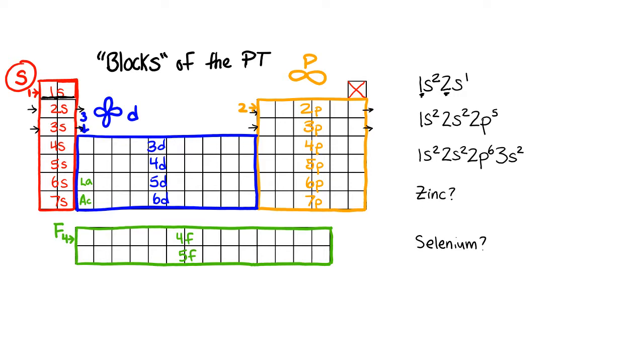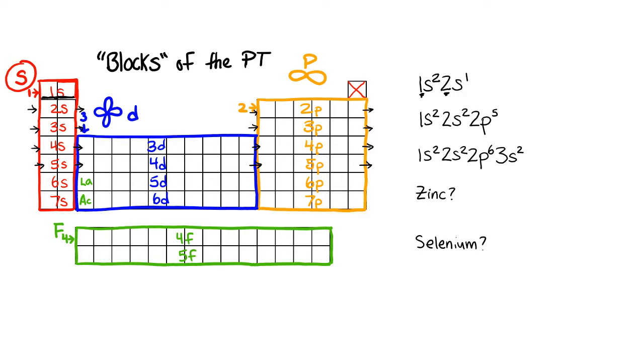Continuing out of the 3p block, you enter the 4s block. Then you enter 3d, then 4p, then 5s, then 4d, then 5p, and so on. Don't be weirded out by the fact that the coefficient changes from a 4 to a 3 as you leave the S to the D block.